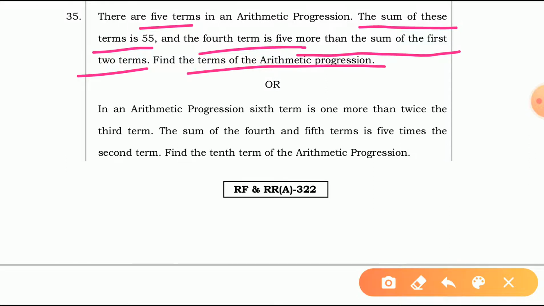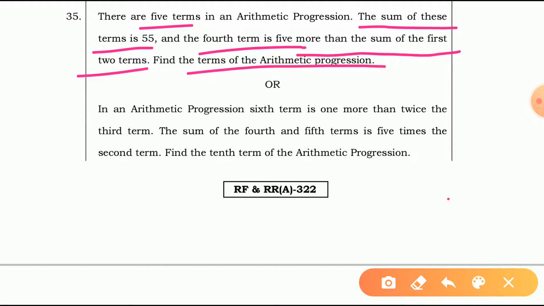Find the terms of the arithmetic progression. It means using the given data to find the terms of an AP. Terms of an AP means a1, a2, a3. To find the terms of an AP, first we have to find the first term and the common difference d.